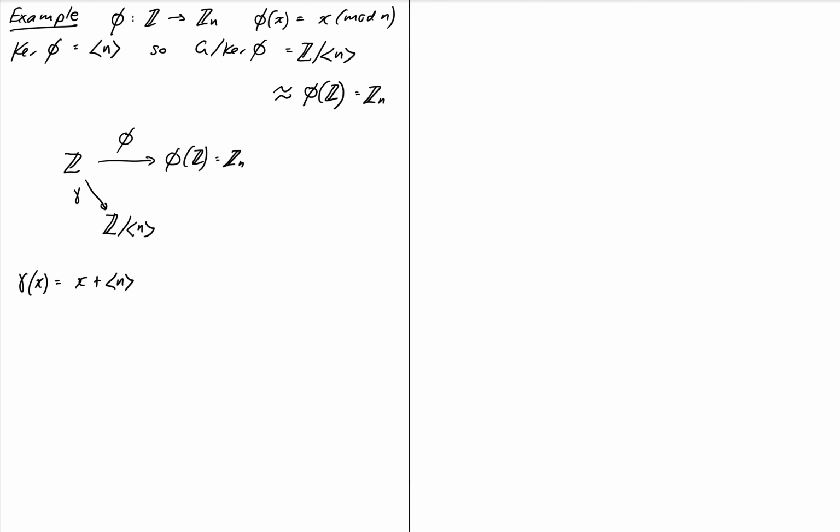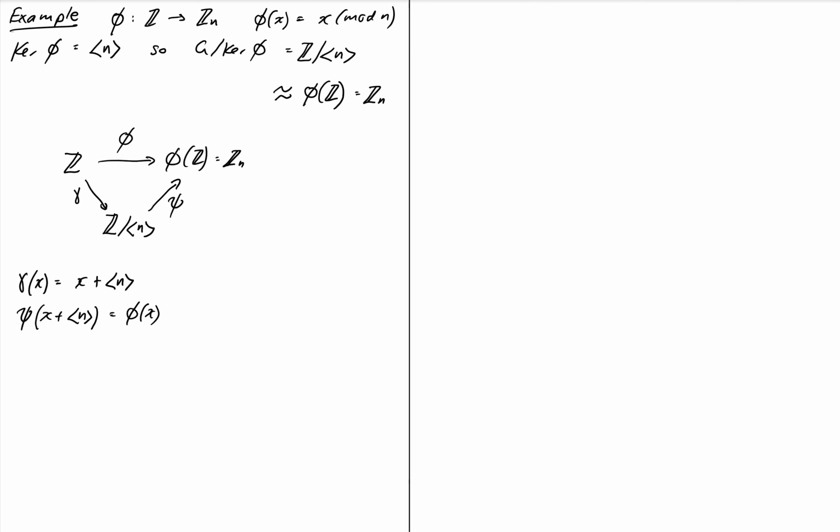Now if we do that, then that mapping gamma takes us into the factor group, and then the psi from our previous proof, that's the isomorphism between the factor group and the homomorphic image, that is going to be given by psi of a coset is defined to be phi of x.